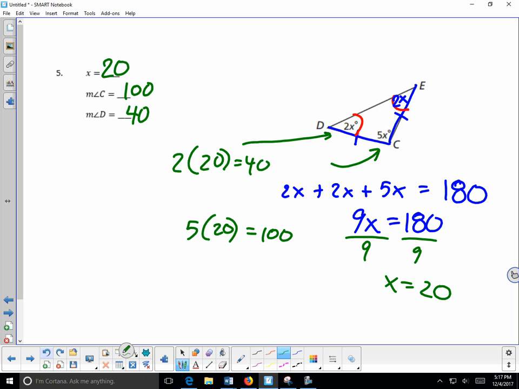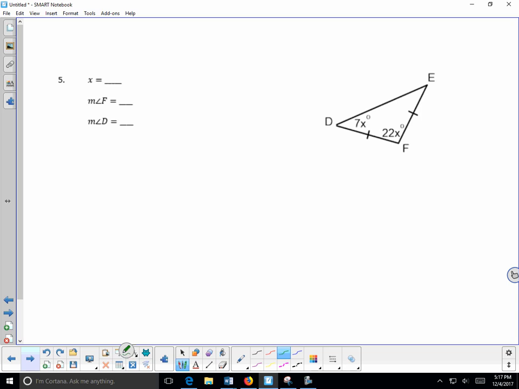So that means angle D measures 40 degrees, angle E measures 40 degrees, and angle C measures 100 degrees. Do those add up to 180? You betcha. All right, let's take a look at number 5 from version B. Again, similar setup. We have segment DF congruent to segment EF. Well, what angle is across from DF?